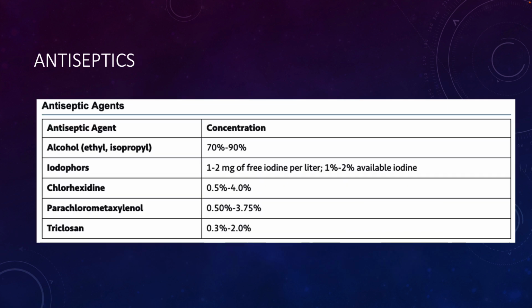And then for antiseptics, we also have alcohol. So alcohol can be used as an antiseptic, meaning you can use it on skin, or it can be used as a disinfectant on a surface like a lab bench. Iodophores, chlorhexidine, triclosan. So these are things that you can use on living surfaces and might be used in surgical settings.